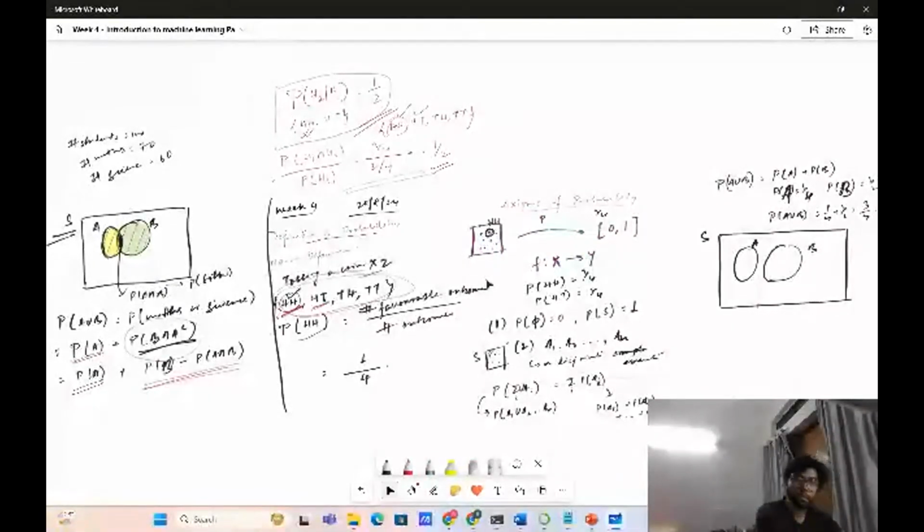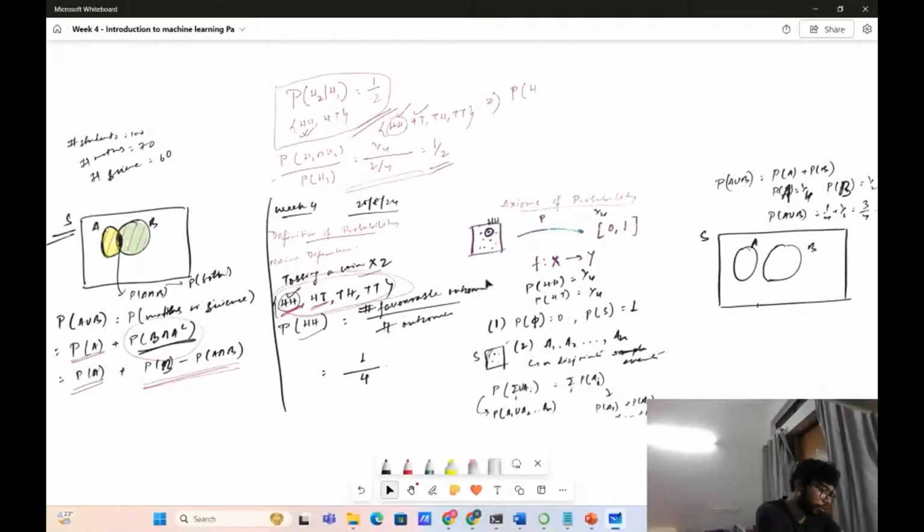One comment on this is that P of H2 given H1 is basically P of H2 if H1 and H2 are independent. So this is the condition for independence, right?